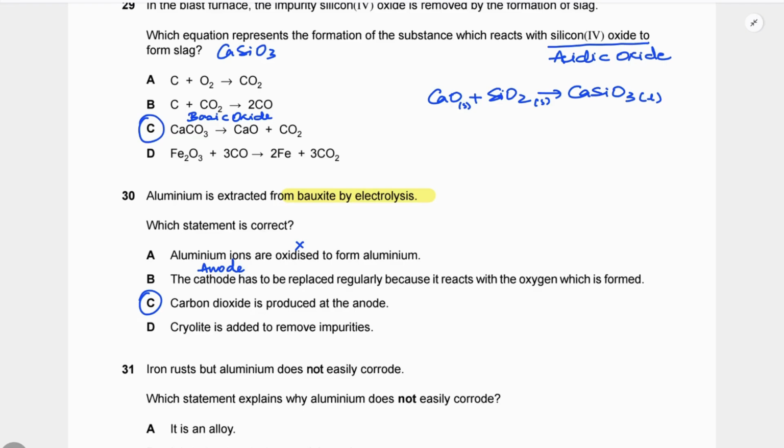Because the anode is made of graphite, and graphite is nothing but carbon, so the carbon reacts with the oxygen which is present and forms carbon dioxide. Cryolite is added to remove impurities. No, over here cryolite is actually used to lower the melting point of the aluminium oxide. So the correct answer is C.